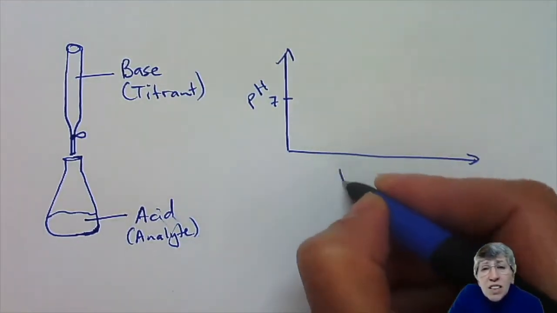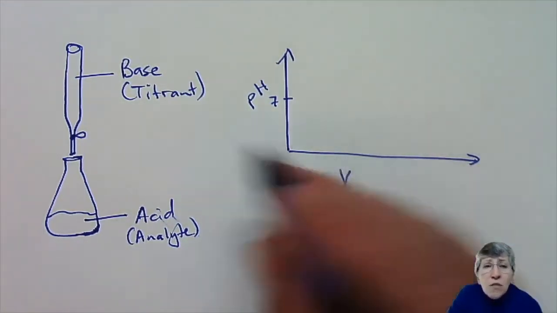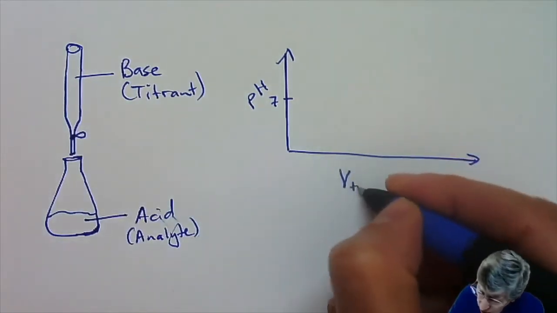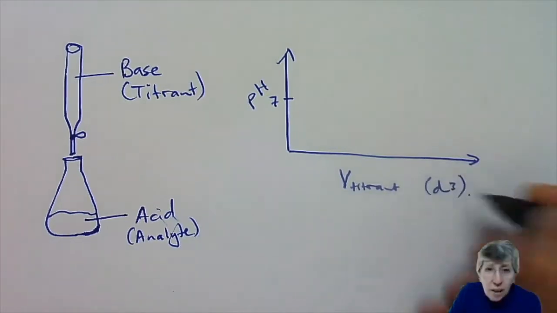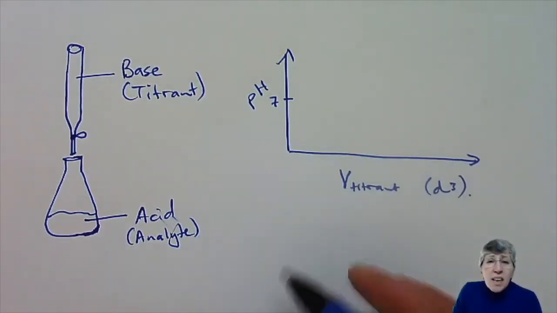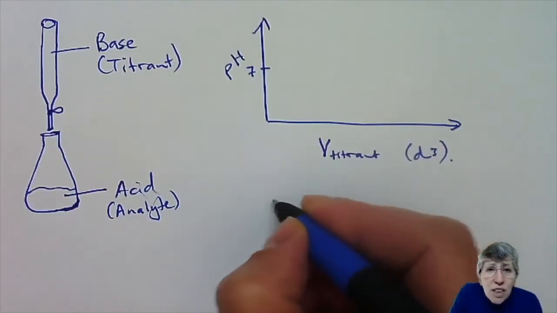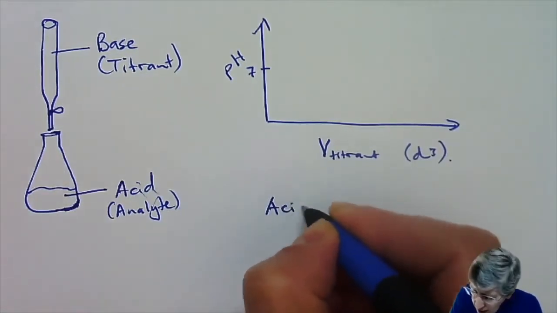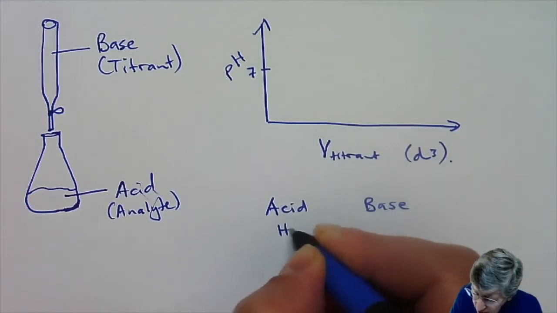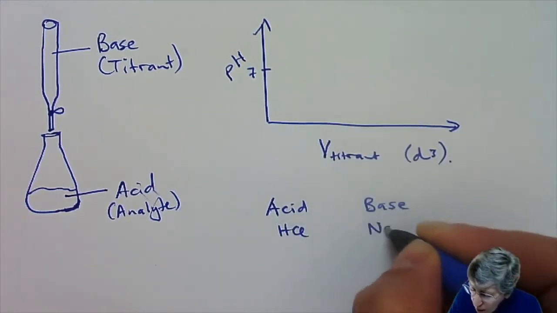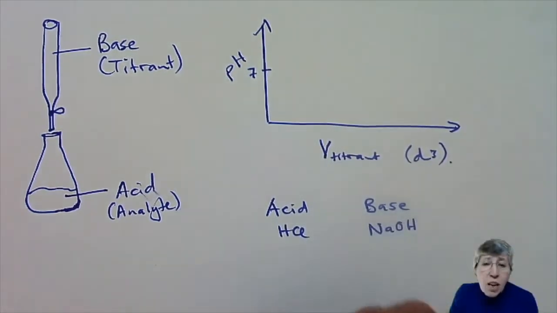And then on this axis, I'm going to draw the volume of the titrant, of the base that I've added, in cubic decimeters or whatever. Now, let's say we start out, and for the first experiment, for an acid I'm going to use HCl, and for my base, I'm going to use NaOH.